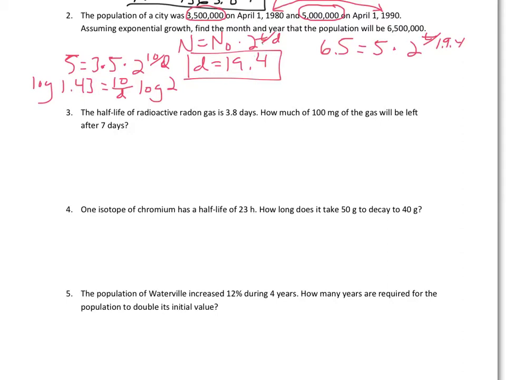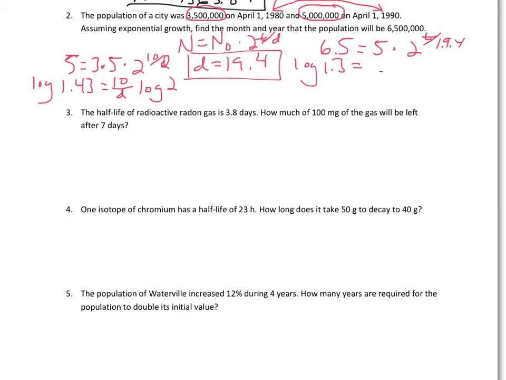And we just have to solve for t now, because t is going to tell us how long since 1990 we'll be at 6.5 million. So you can divide by 5, log both sides, just like what we did. So 1.3 equals 2 to the t over 19.4.